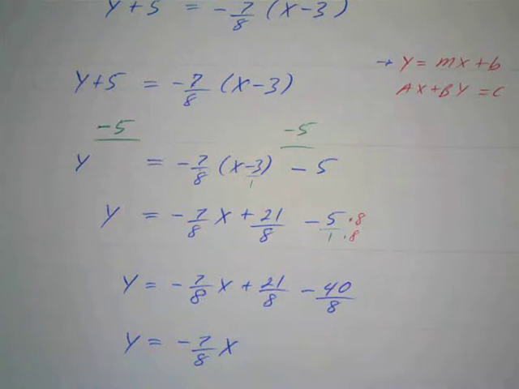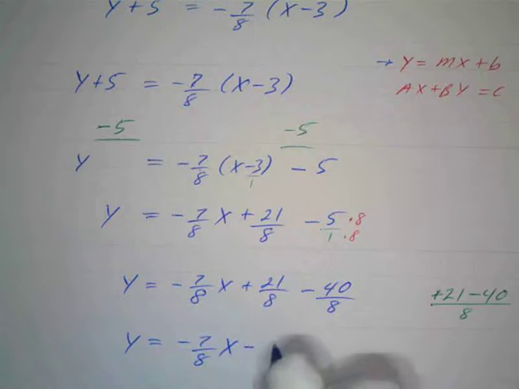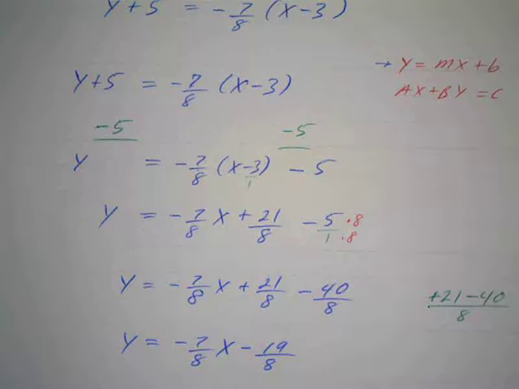That stays the same. Now over here we could write this, if we want, as plus 21 minus 40 all over 8. So we just add or subtract the numerators and put them over the common denominator. And positive 21 minus 40 is negative 19. So you really have to kind of know how to work with your fractions.